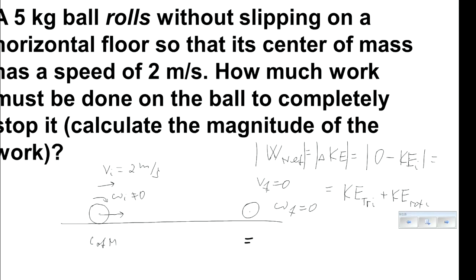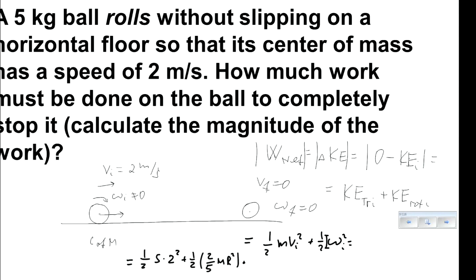Now we have to write two equations. m V squared over 2 plus 1/2 I omega squared. Now, for the first equation, we now know everything we need. 5 times 2 squared plus 1/2. Here, we have to apply an expression for the moment of inertia of a rolling sphere.